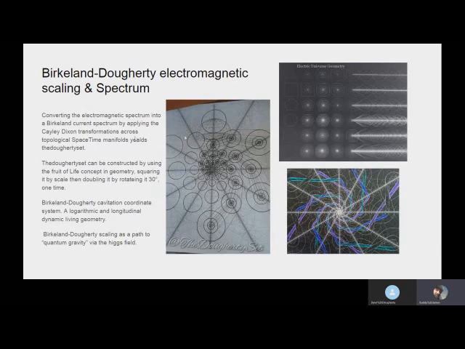Here it is. So we're getting towards the number. The numerics are going to be after talking about biology next and scaling in biological systems, which is me reading an article. But first, we're going to talk about the Birkeland-Dougherty electromagnetic scaling and spectrum.